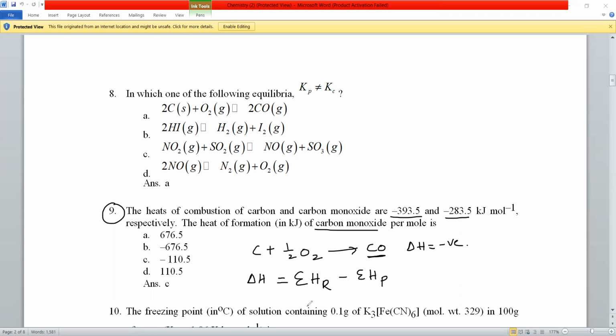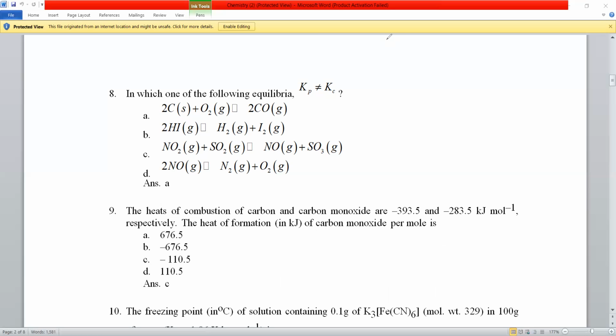The reactant is carbon, given as minus 393.5, oxygen is in elemental form so take it as 0, and the product carbon monoxide is minus 283.5. On simplification, the answer is minus 110. So option C is the correct one.